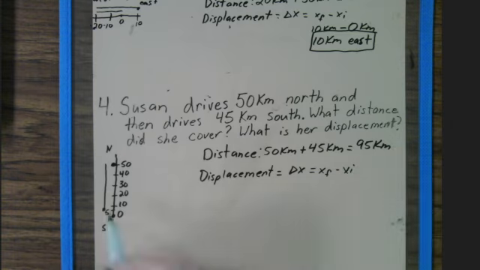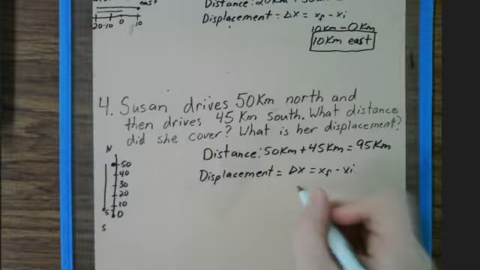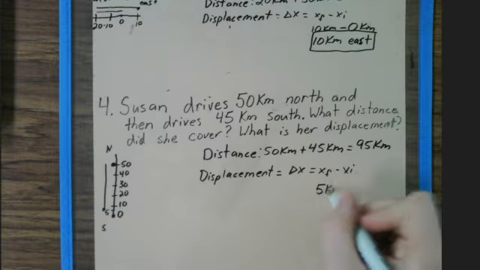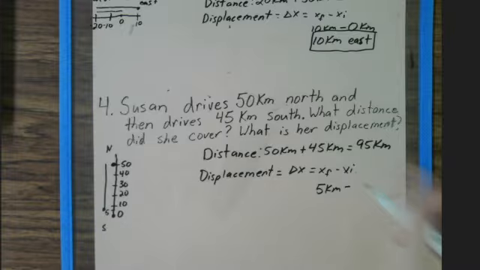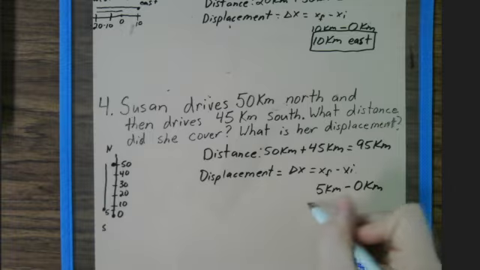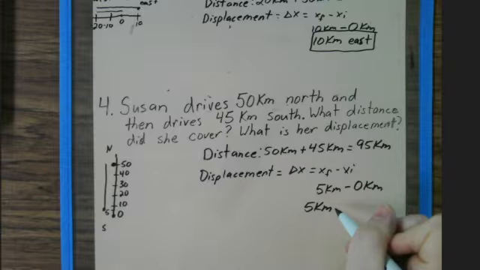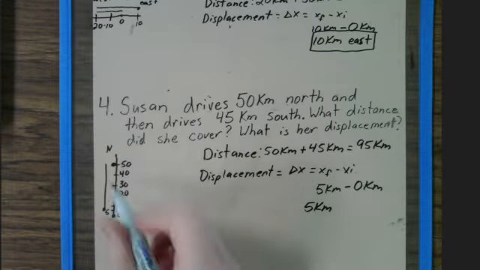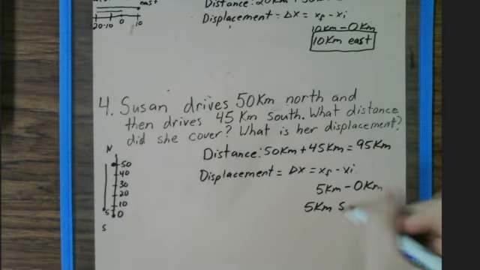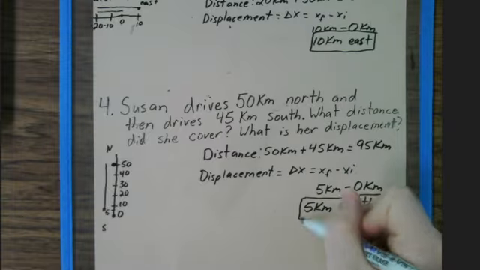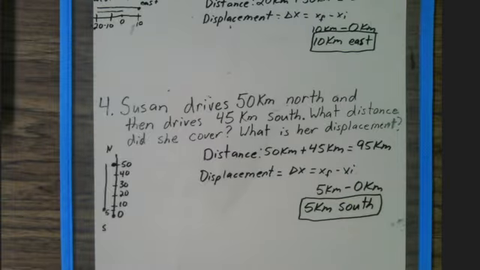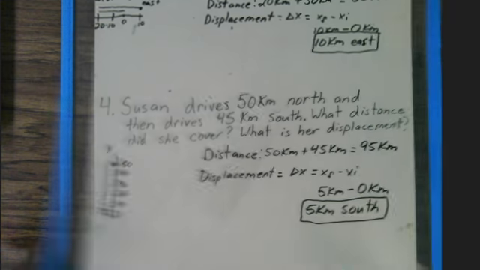Our final position is here at 5 kilometers, where we ended, minus our starting position, which is at 0 kilometers. So our displacement is 5 kilometers south, because we ended up going down. Here is our answer. Now let's look at our next one.